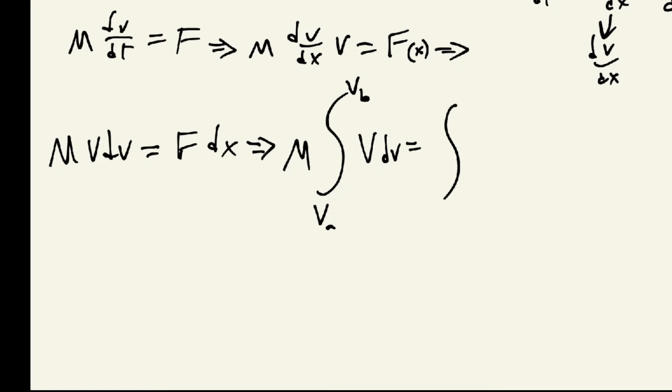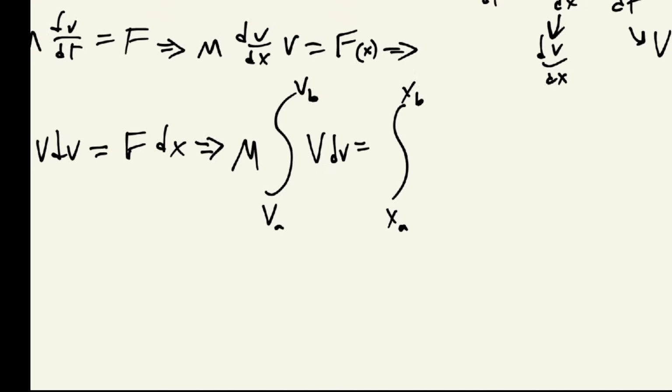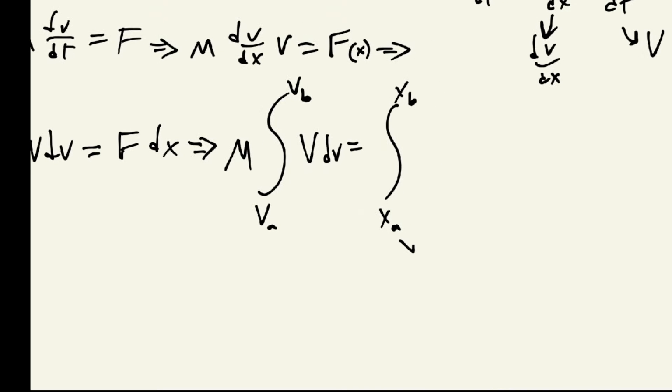another integral from x sub a to x sub b. This means the x value at time a, so like x of t sub a, and this means the velocity value at time a, so it's going to be v of t sub a.